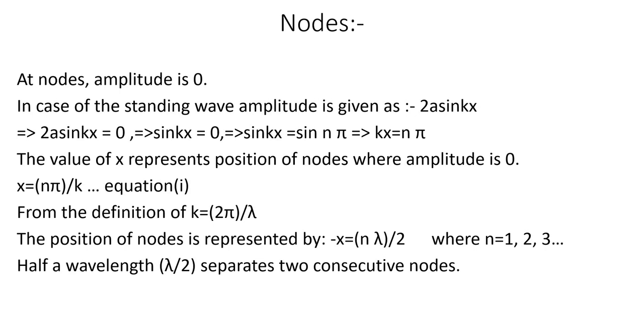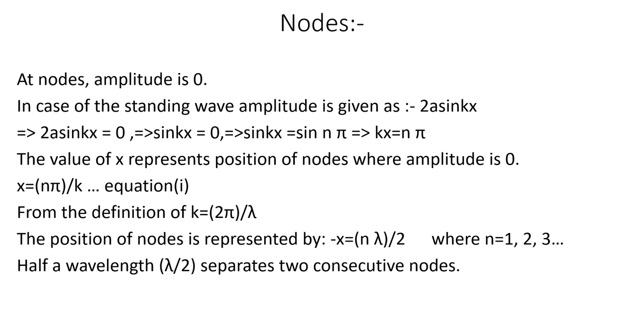Already we know nodes mean zero amplitude. In the case of a standing wave, the amplitude can be written as 2a sin kx. So amplitude to be 0 means 2a sin kx = 0. 2a cannot be 0, so sin kx = 0. When will sin kx be 0? When the sine function takes the value of an integral multiple of pi. So we can write kx = n pi.